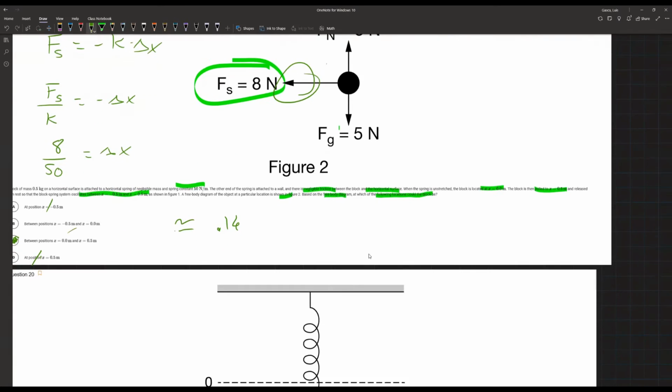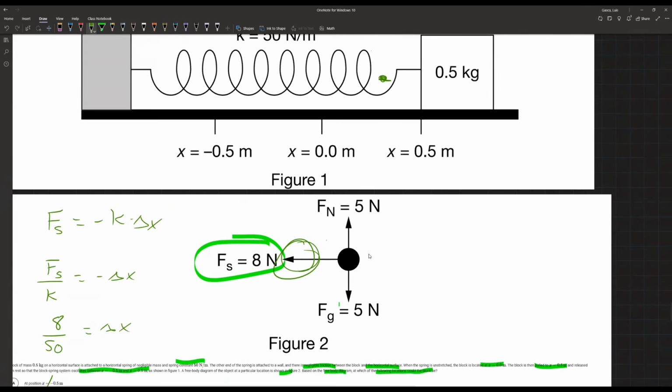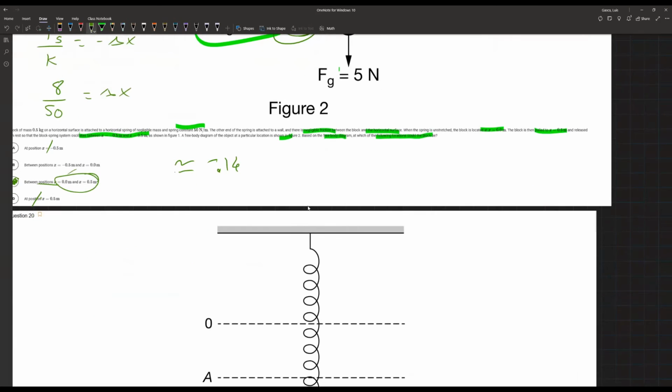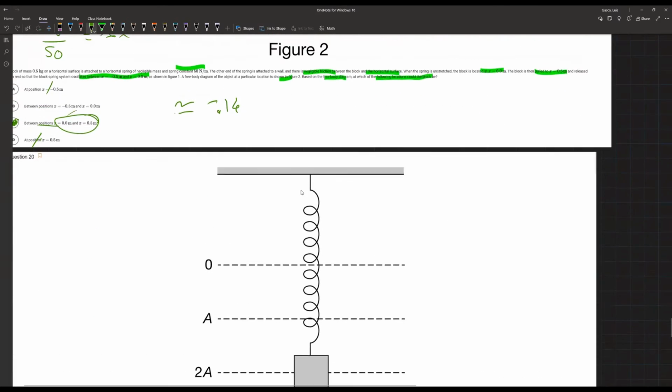We didn't even need the actual number. We just need to know where we are. We are on the right side because the force is this way. If I'm on the left side of the equilibrium position, the spring pulls to the right. Well, bad. Okay.